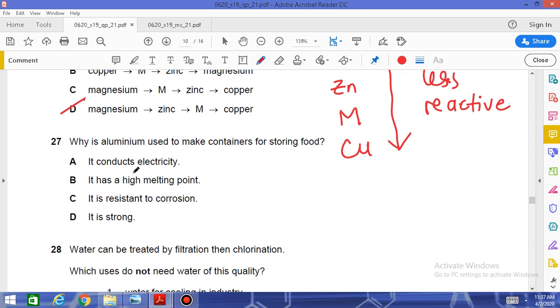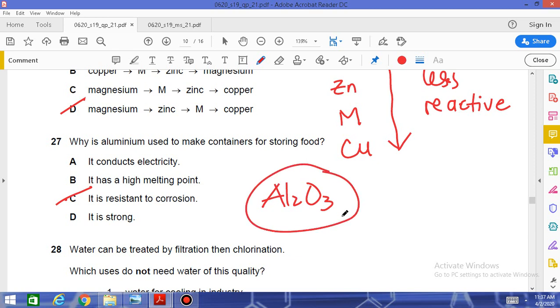Next. Why is aluminum used to make containers for storing food? It's really clear because it's resistant to corrosion. Okay. The oxide of aluminum prevents the reaction between aluminum and other substances.